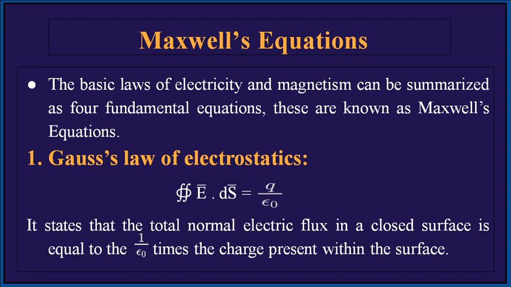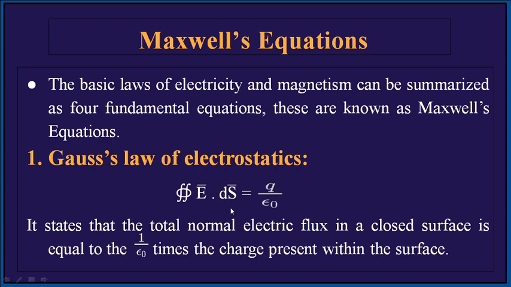The first fundamental equation Maxwell considered, from electricity, is nothing but Gauss law of electrostatics. We know this is the mathematical form of Gauss law of electrostatics, and we know the statement. The integral of E bar dot ds is the flux phi e, and flux equals q by epsilon naught.